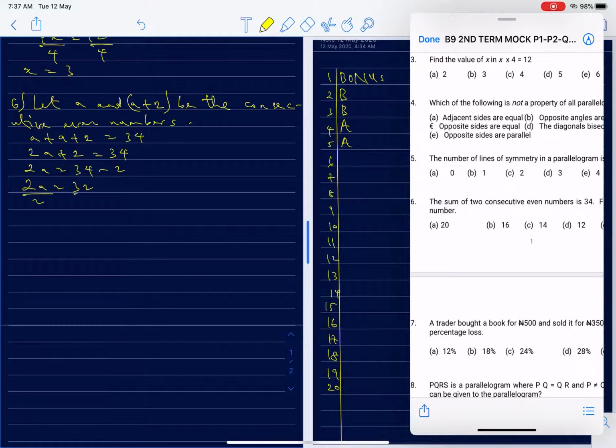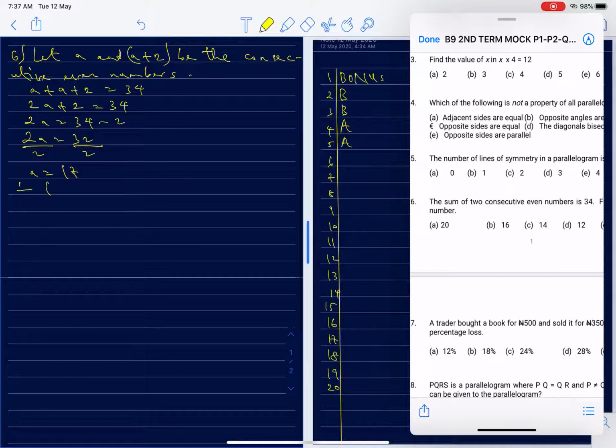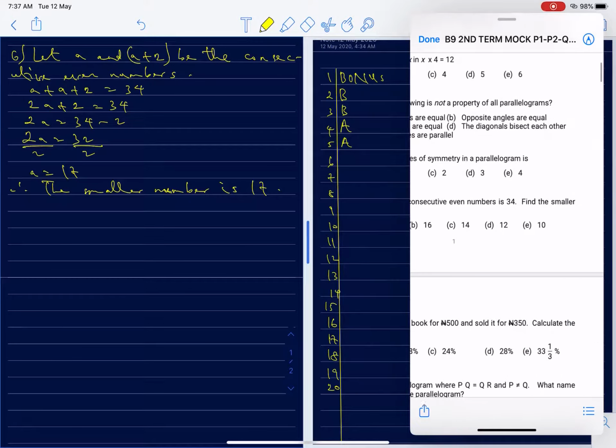We can divide both sides by 2 to get A, and that means A is 16. Therefore, the smaller even number is 16.